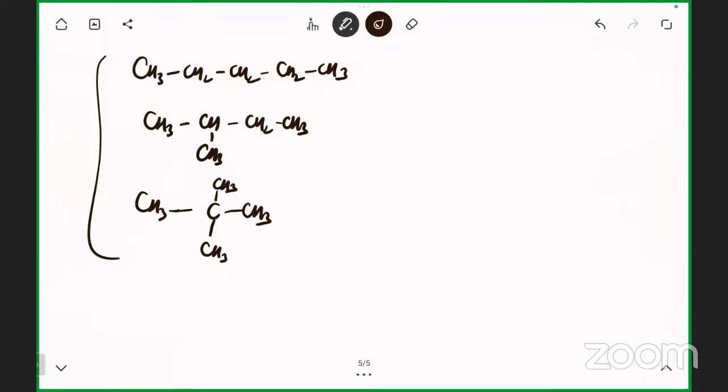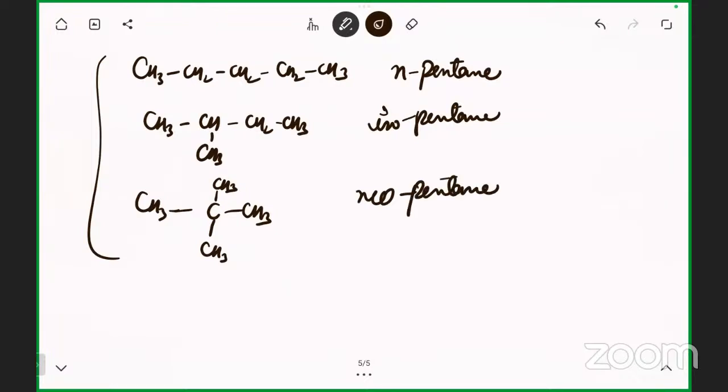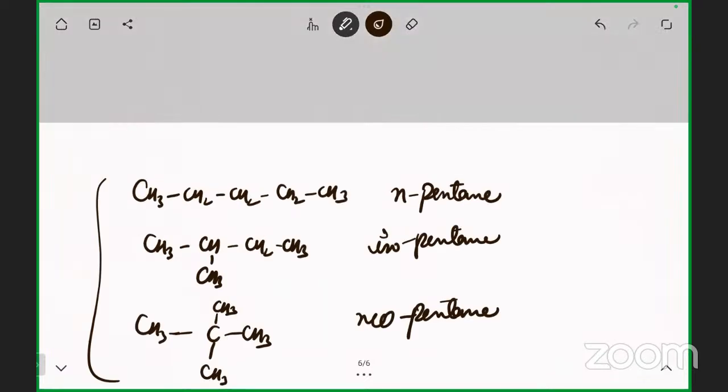First one, write n-pentane. Second one, isopentane. Third one, neopentane. So we have three: iso, neo, and n-pentane. These were the isomers we have discussed.